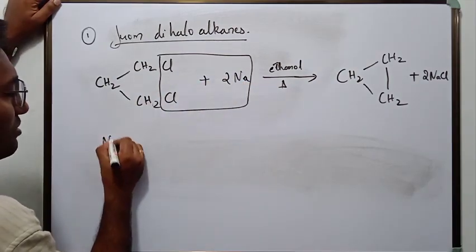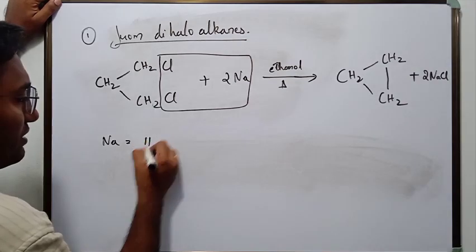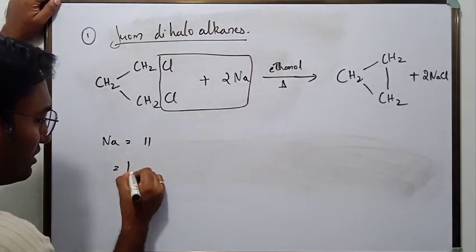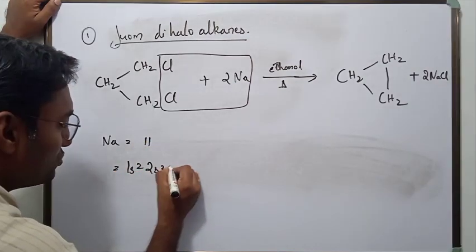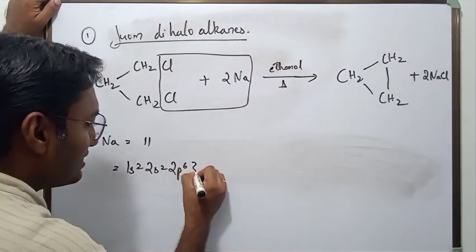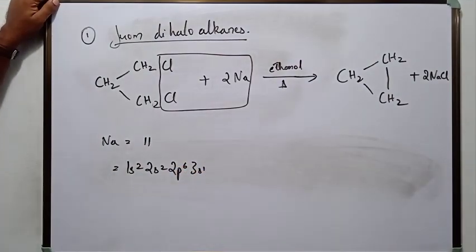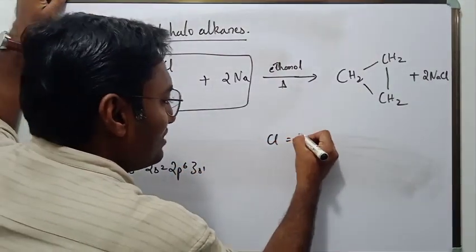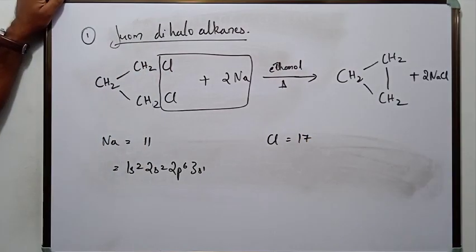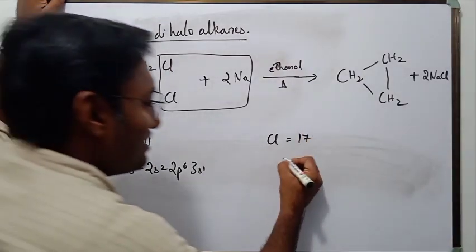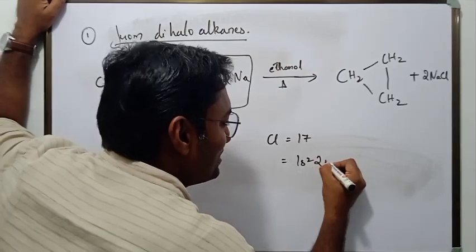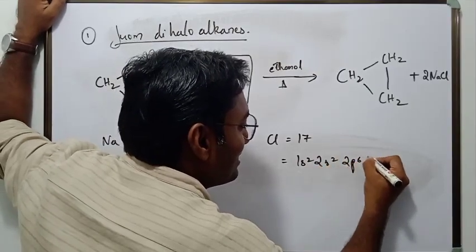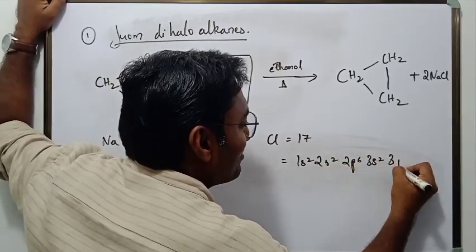What is the atomic number of sodium? Yes, 11. What is the configuration? 1s2, 2s2, 2p6, 3s1. Am I right? And what is the atomic number of chlorine? 17. Can you say its electronic configuration? Yes, 1s2, 2s2, 2p6, 3s2, 3p5.